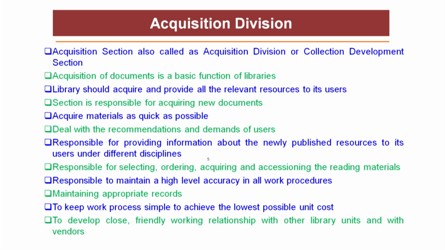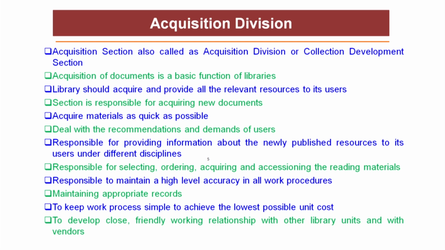We were discussing the activities which are part of the acquisition division in a manual library, that means a traditional library where no computers are available. As I told you, the work happening in the acquisition division is labor intensive, repetitive, and some kind of administrative or clerical job.